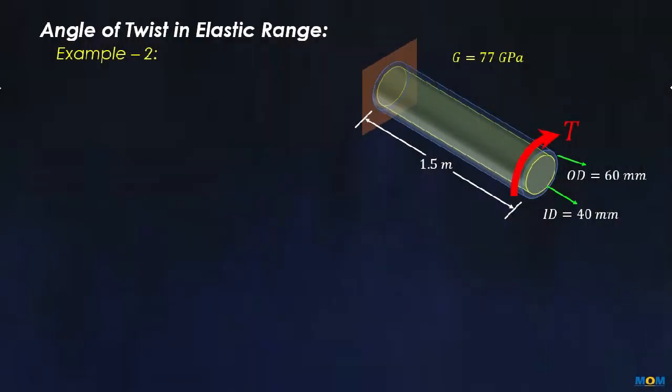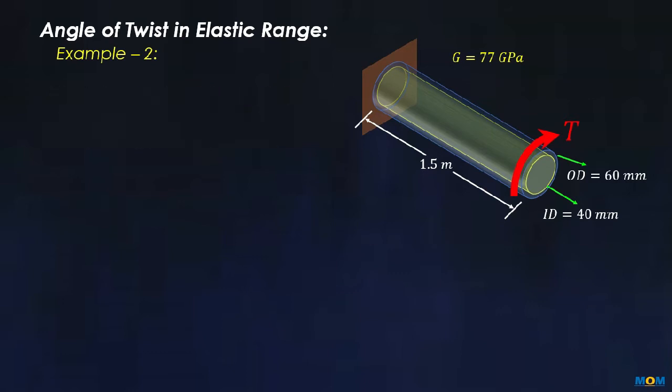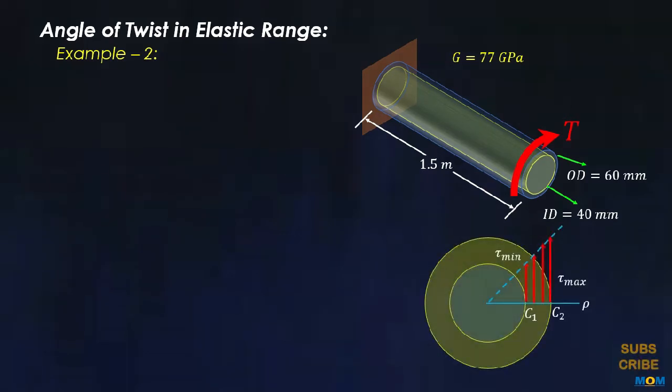In example 2, we will again use the same shaft with same dimensions, but we have to find the angle of twist to produce a shear stress of 70 megapascal. As we know that the shear stress on inner surface of the shaft is going to be the minimum stress. So using Hooke's law, that is tau is equal to G gamma.